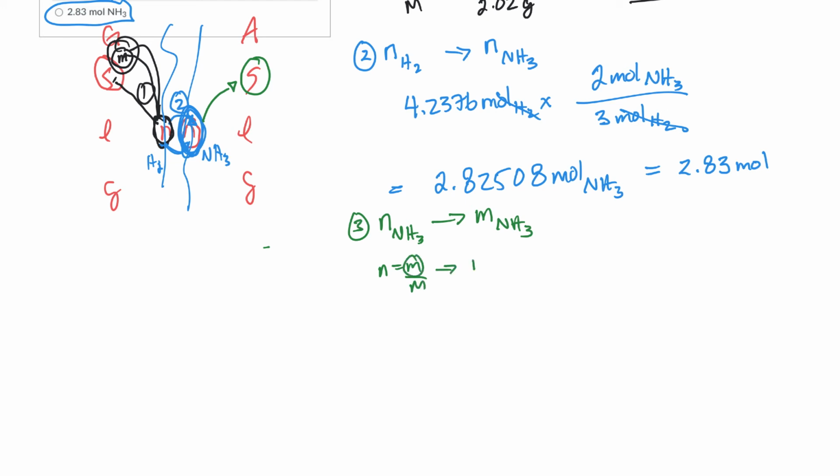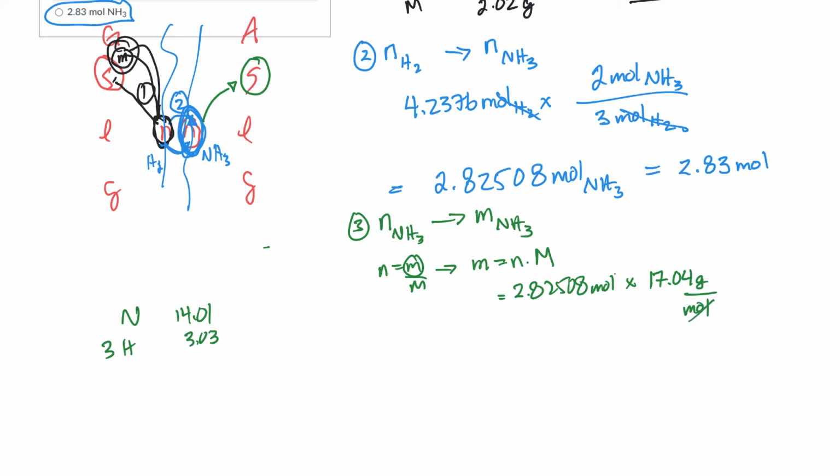So that'll be mass is equal to moles times molar mass. The moles are, we just got 2.82508 moles, times the molar mass of ammonia, 1 nitrogen and 3 hydrogens. Nitrogen's 14.01, 3 hydrogens would be 3.03, so that'll be 17.04 grams per mole.